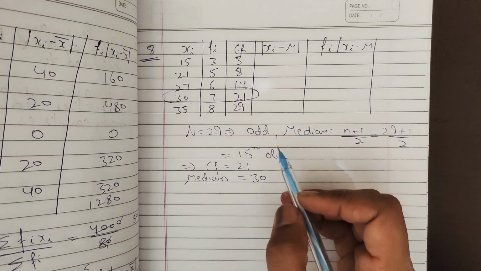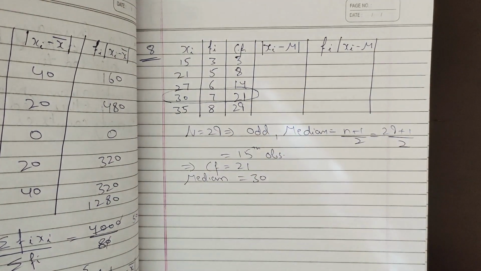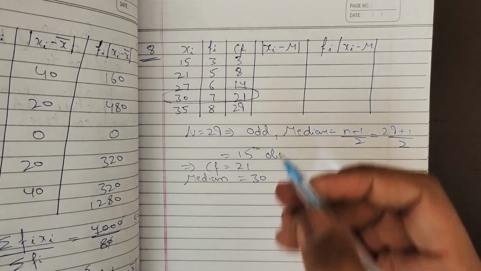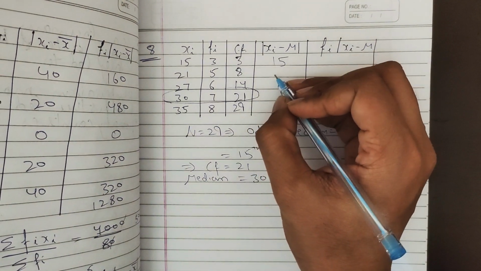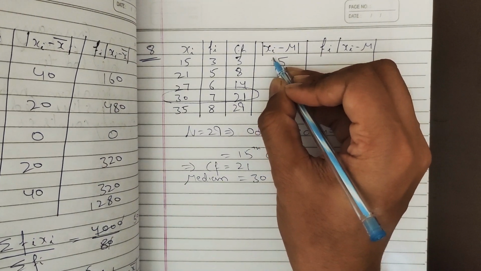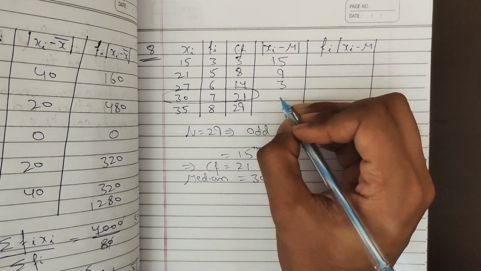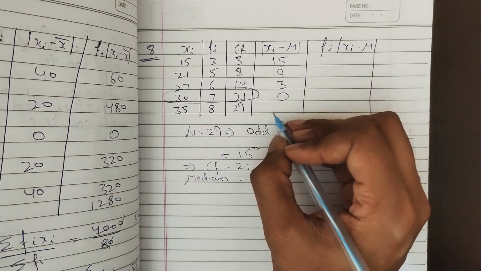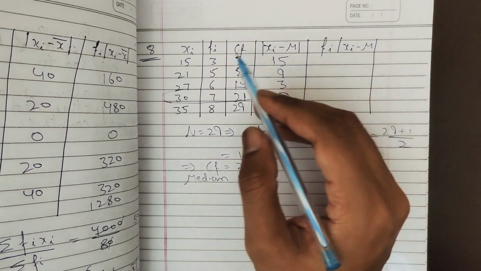Now the median is 30. So xi minus 30, right? 15 minus 30 is minus 15, modulus is 15. Then 21 minus 30 is minus 9, which is plus 9. Now 27 minus 30 is minus 3, which is plus 3. 30 minus 30 is 0. 35 minus 30 is 5. Now multiply fi by this.